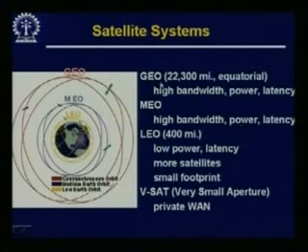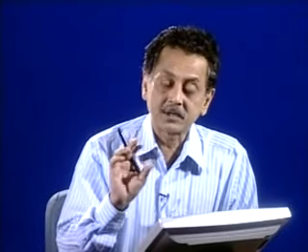So, GEOs go around the equator, and give high bandwidth, but they also require high power. This is an important point, and long latency. These are the important issues. You see, when you are trying to communicate with a satellite which is very far away, your transmitter has to be strong enough so that the signal reaches the satellite.